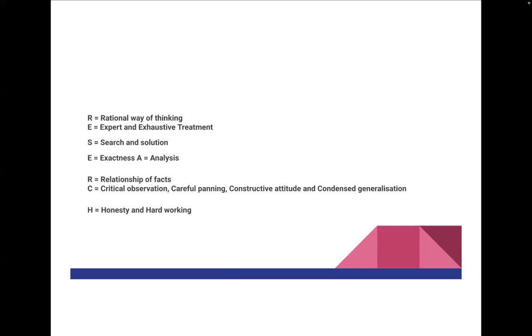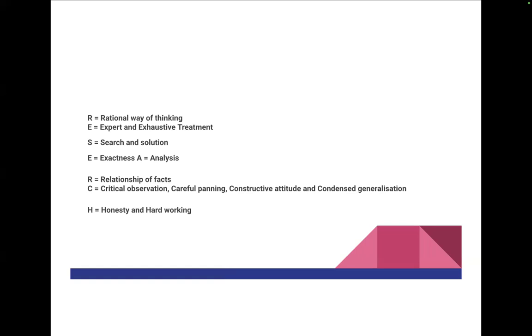Then E stands for expert and exhaustive treatment. Then S stands for search and solution. This is very important. You will see in some later classes what this search means to any research. Then E stands for exactness, and A stands for analysis.